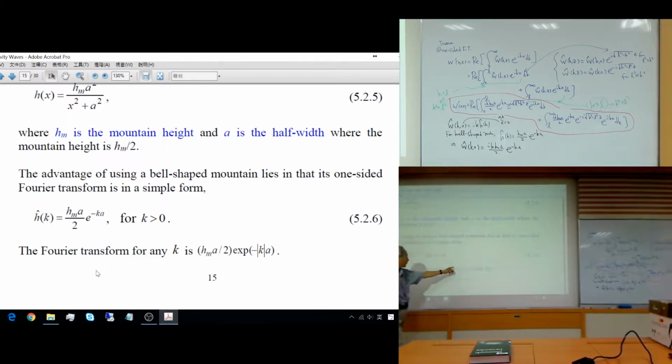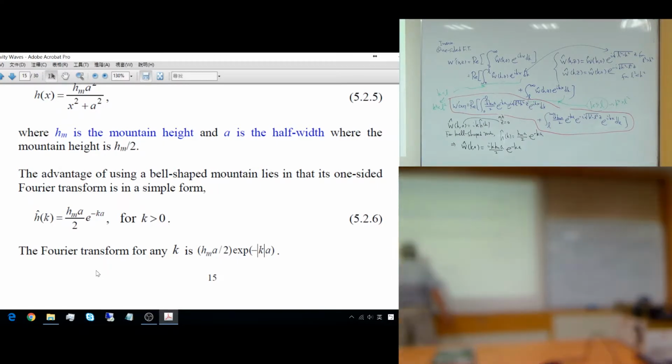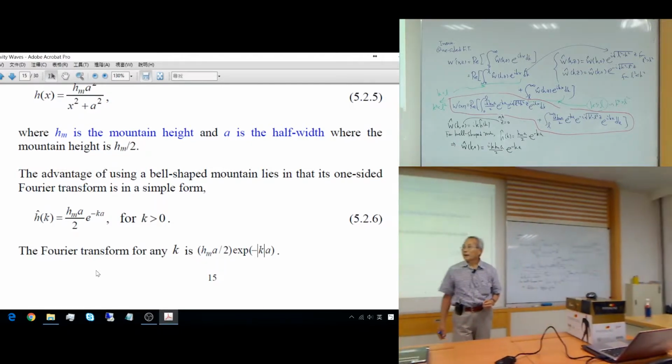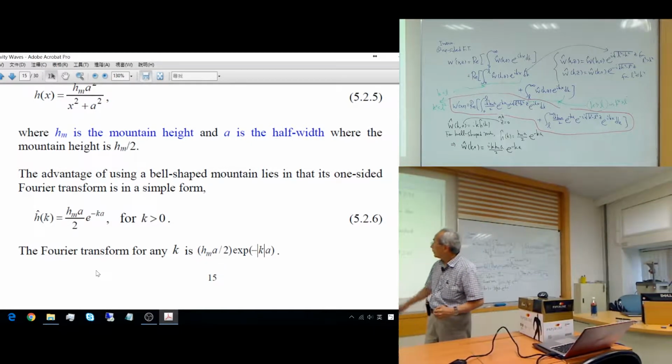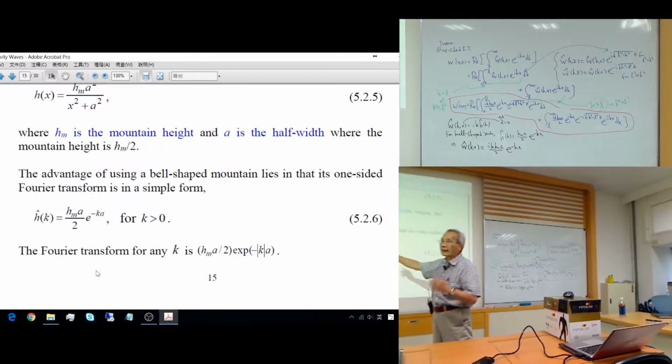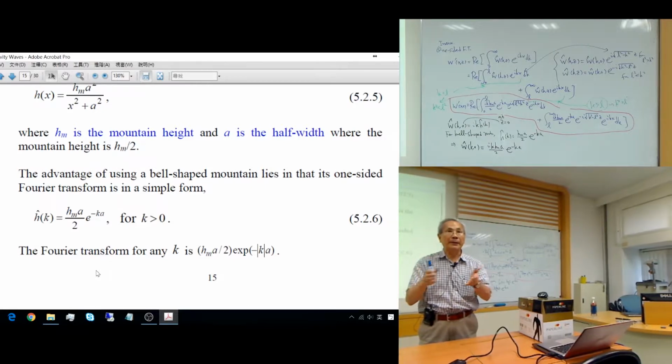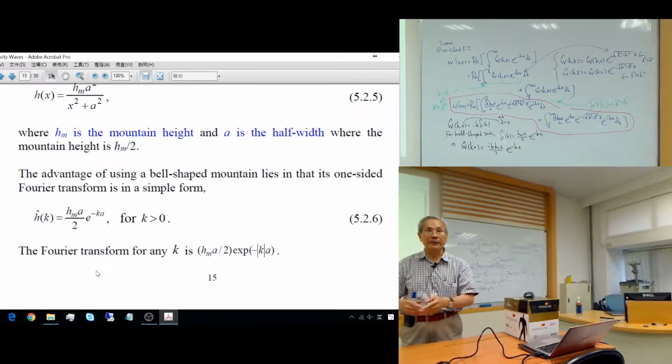The regular one is very similar to this, except here k you take the absolute value, with a negative sign there. This one-sided Fourier transform is pretty convenient for positive k, assuming your k is positive.